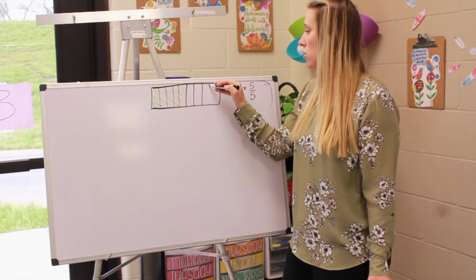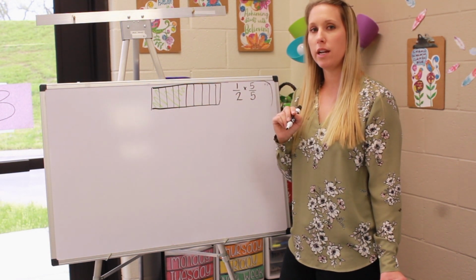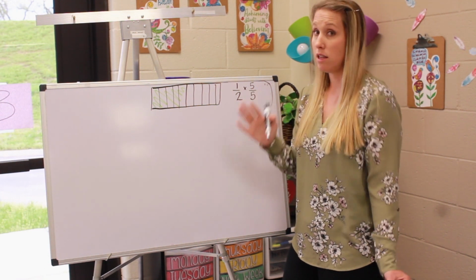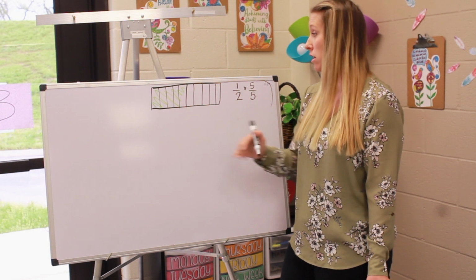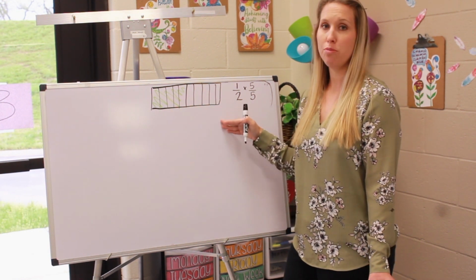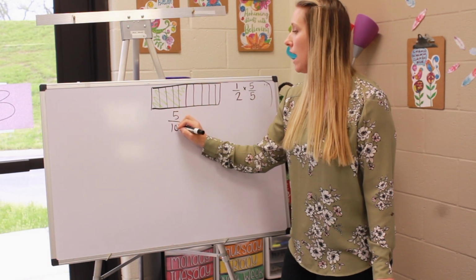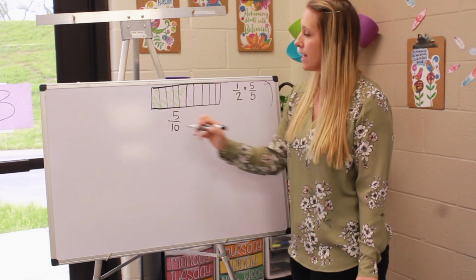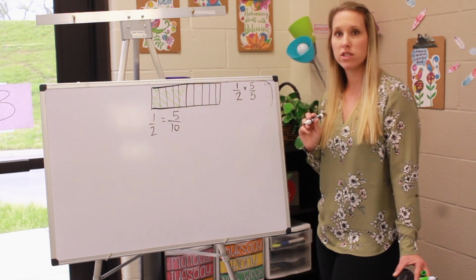So now, did I change the amount that was shaded in? No, I didn't. The value stayed the same, but I did make my pieces smaller. So instead of 1 out of 2 pieces shaded in, I now have 5 out of 10 pieces. So I could say that 1/2 is equivalent to 5/10.